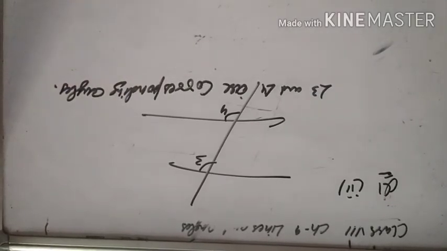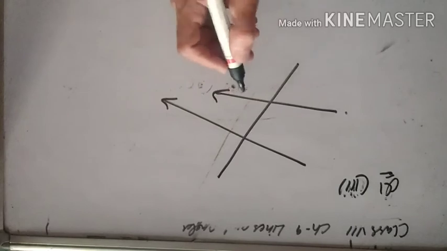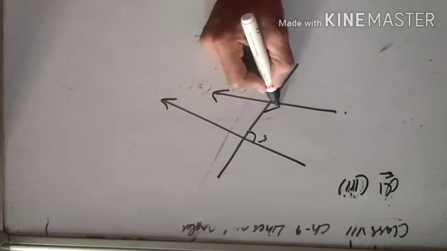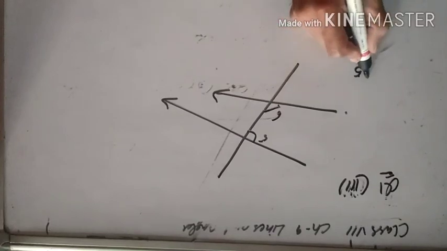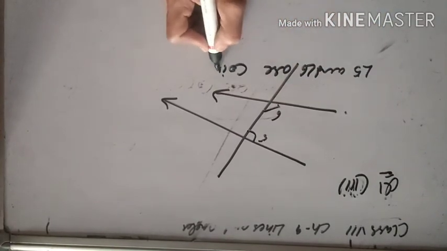Now third part is angle 5 and 6. Angles 5 and 6 are co-interior angles.